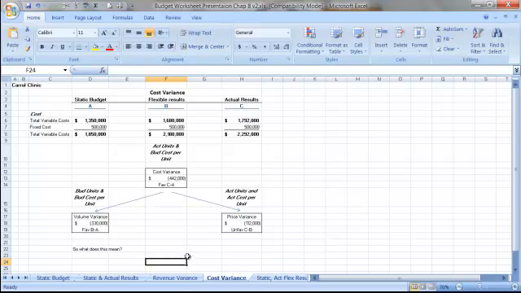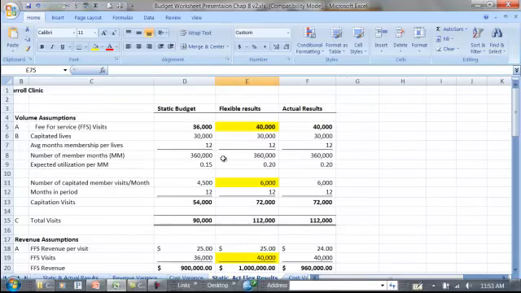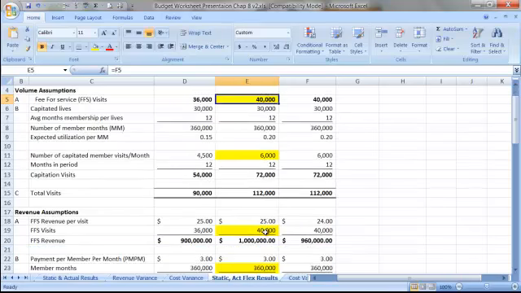Okay, now we're going to switch over to show us the full 3 budgets. What I've done is put in the number of visits so you can see right away in the flexible results, we take the actual visits, and we'll take the standard per revenue cost, not the revenue cost that we actually got.